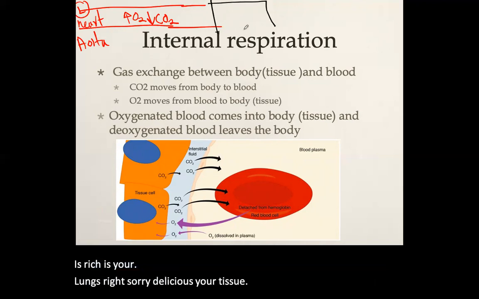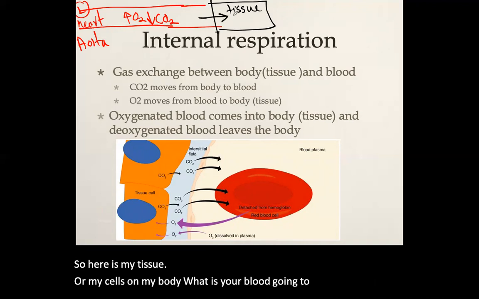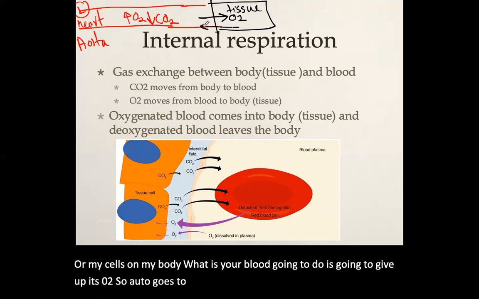So here is my tissue, or my cells, or my body. So what is your blood going to do? It's going to give up its O2. So O2 goes to the tissue, and the tissue is going to give its CO2.